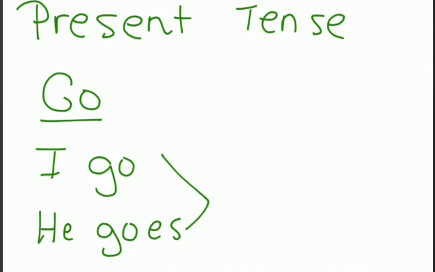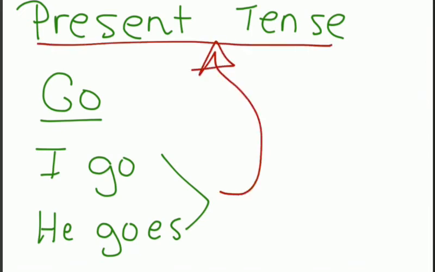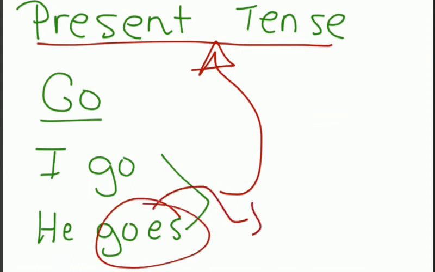But go and goes are both present tense verbs. Goes is not a past tense verb. If I want to say past tense, I would say he went. Then it would be in the past tense.